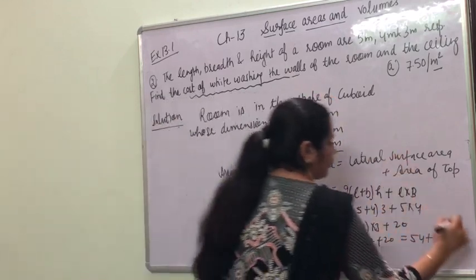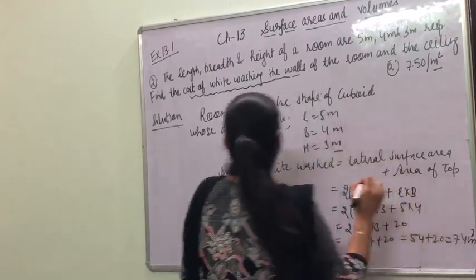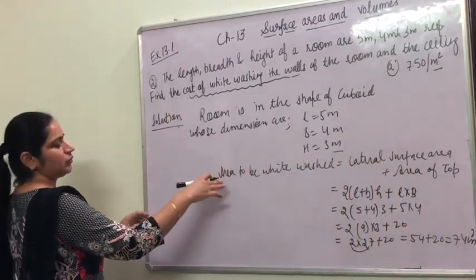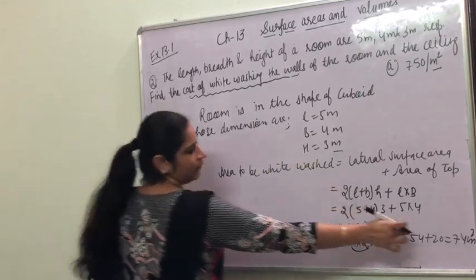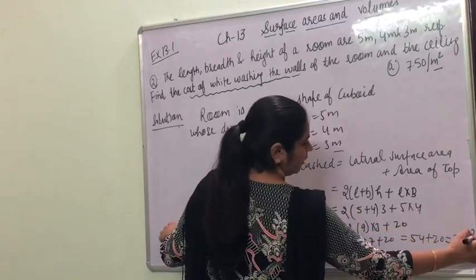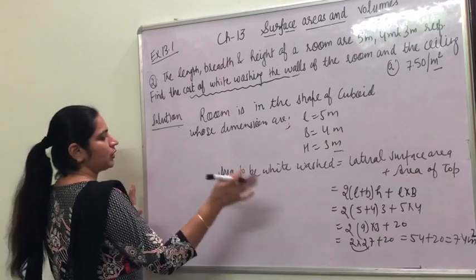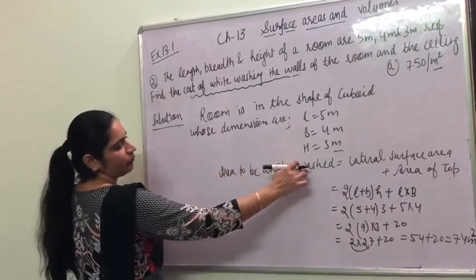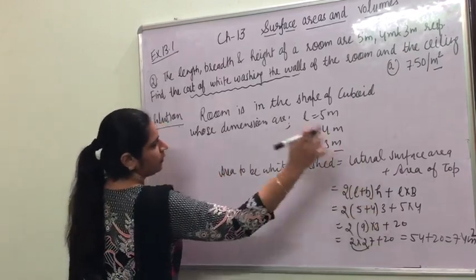So the total area which is to be whitewashed is 74 meter square. Answer statement you have to mention at the last: area to be whitewashed is 74 meter square.